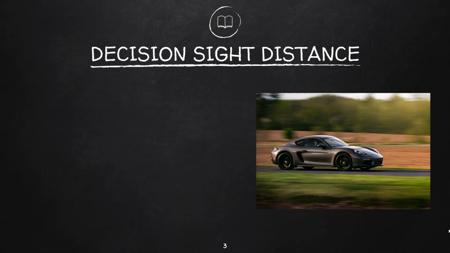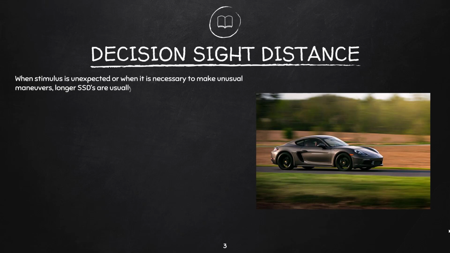When the stimulus is unexpected or when it is necessary to make unusual maneuvers, longer stopping sight distances are usually required since the perception reaction time is longer. If you will recall, the two components of the stopping sight distance are the brake reaction distance and the actual braking distance.